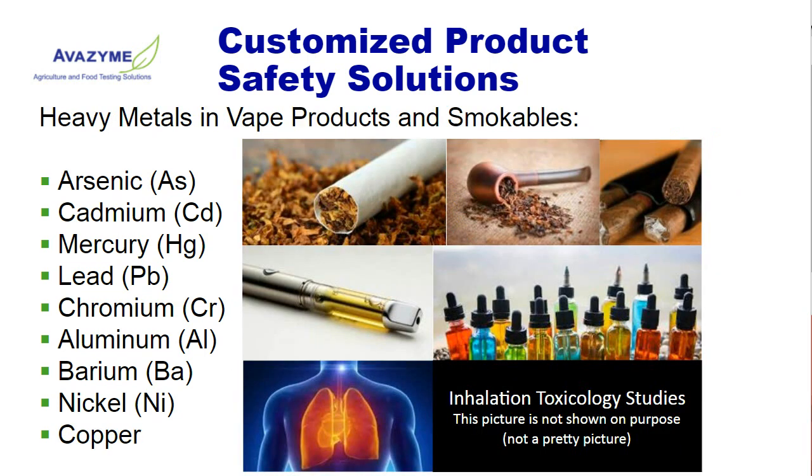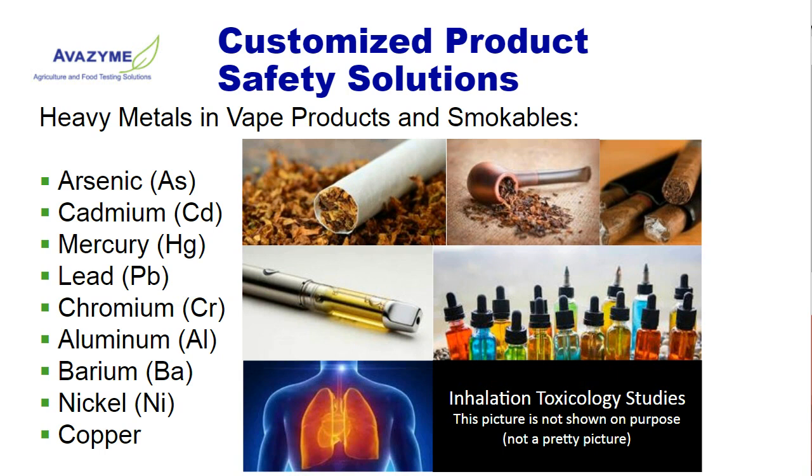Another big area of concern with respect to heavy metal contamination and consumer safety is the heavy metal content in vape products and smokable products. You can find all of the metals listed on the left side in these products, and we can measure them to trace levels with the help of ICP-MS and in conjunction with the appropriate digestion method in our microwave digester.